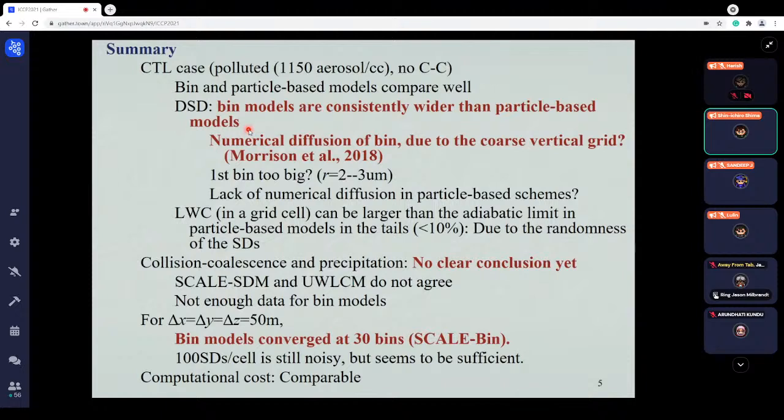And as I mentioned, the droplet size distributions with spectrum widths predicted by bin models are consistently wider than those of particle-based models. After the discussion on Tuesday, we conjectured that this is due to the numerical diffusion of bin schemes, but okay, this time due to the coarse vertical grid resolution.